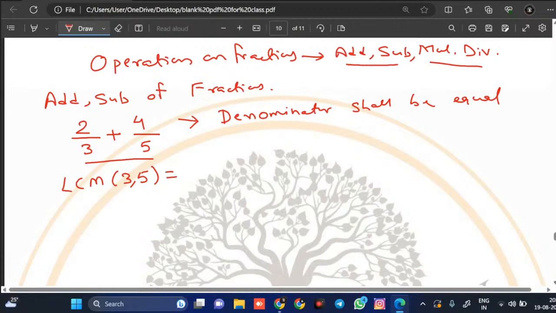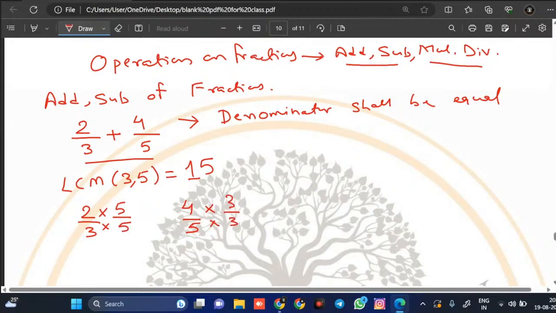So for those who are repeating the class, the LCM of 3 and 5 is 15. This means I have to make this 3 into 15, and this 5 also into 15. With 2 by 3 and 4 by 5, to make this 15 I multiply by 5, and to make this 15 I multiply by 3.